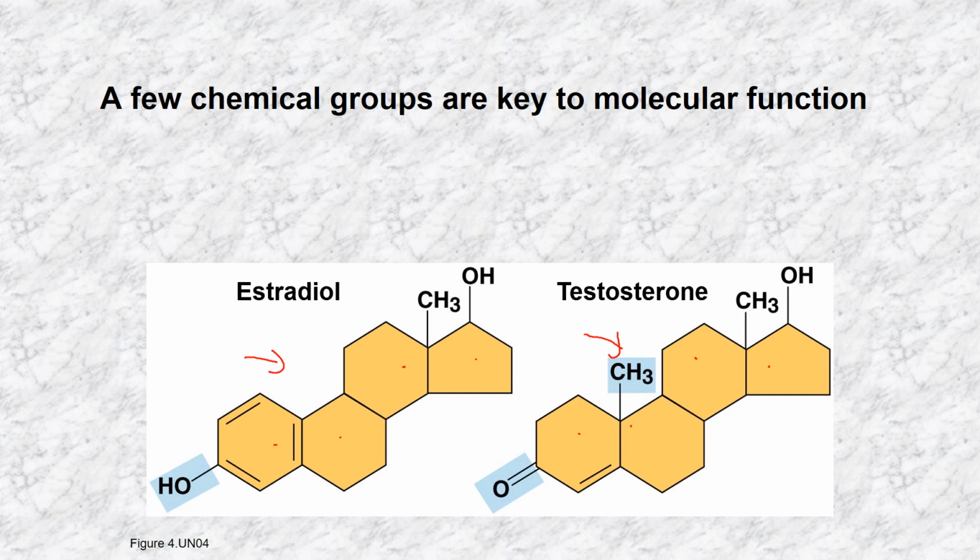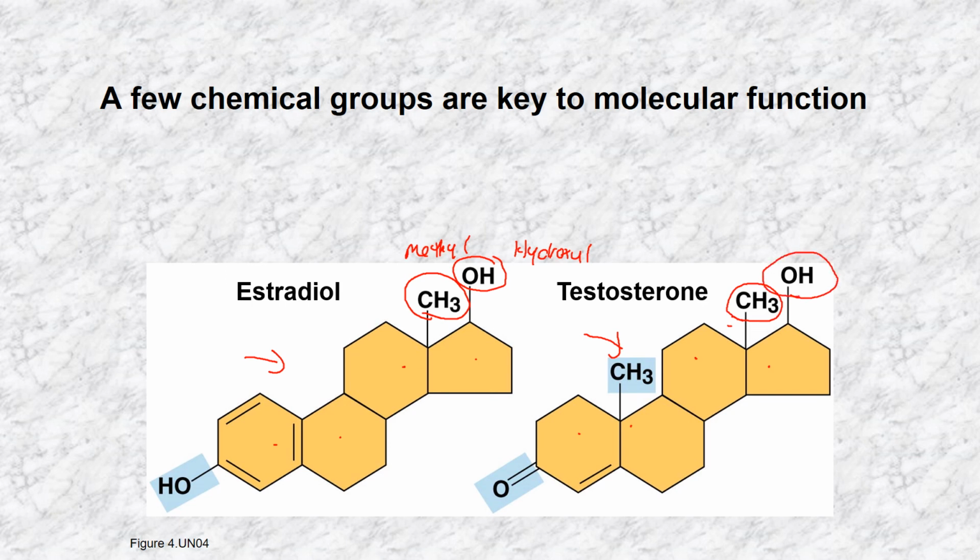Now, both of these steroid hormones are sex hormones, but they do have different functions. What's common amongst them is that both of them have a methyl group. So this is methyl. Okay, this is a hydroxyl group. And then testosterone has a methyl group in the same spot and a hydroxyl group as well.